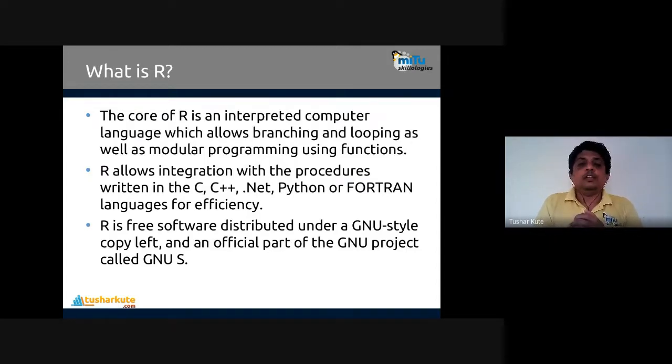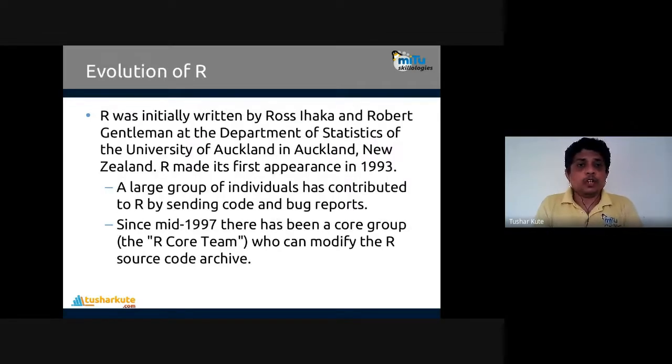It's available as direct software in open source fashion, freely available under a GNU-style copyleft license, and an official part of the GNU project also. What is GNU S? Okay. It was developed by Ross Ihaka and Robert Gentleman in the Department of Statistics at the University of Auckland in 1993.